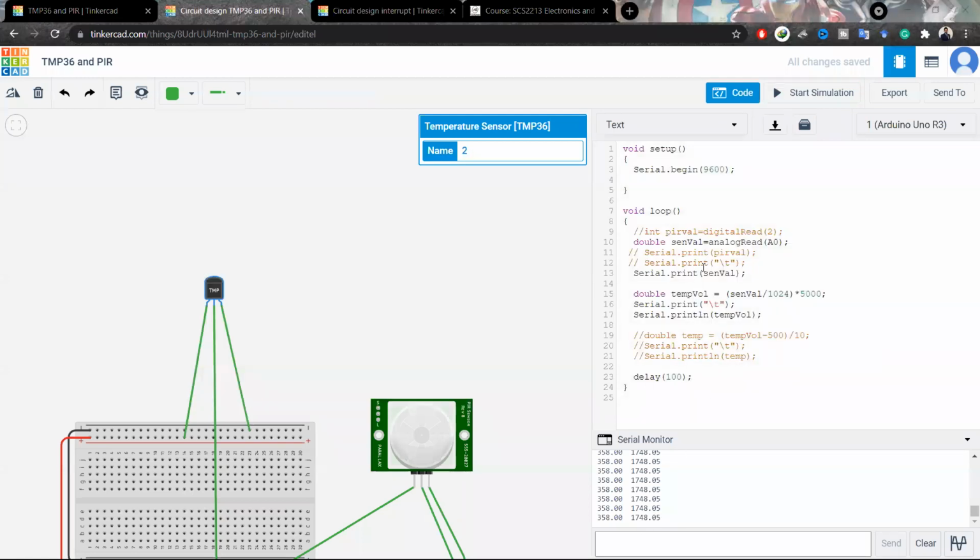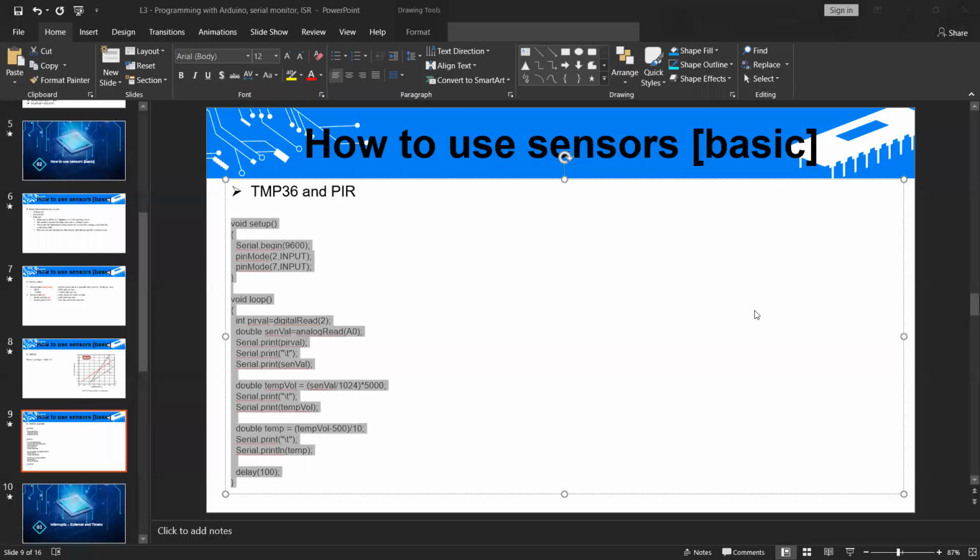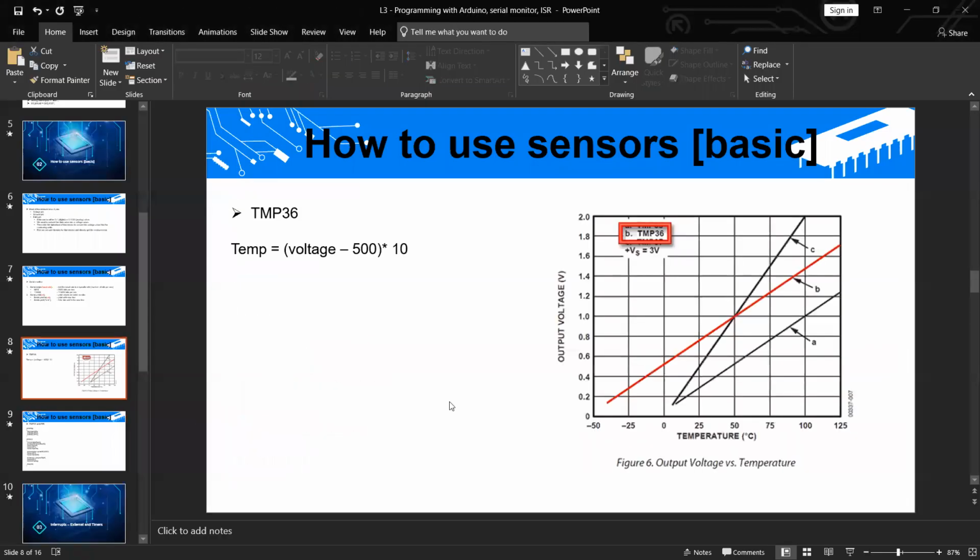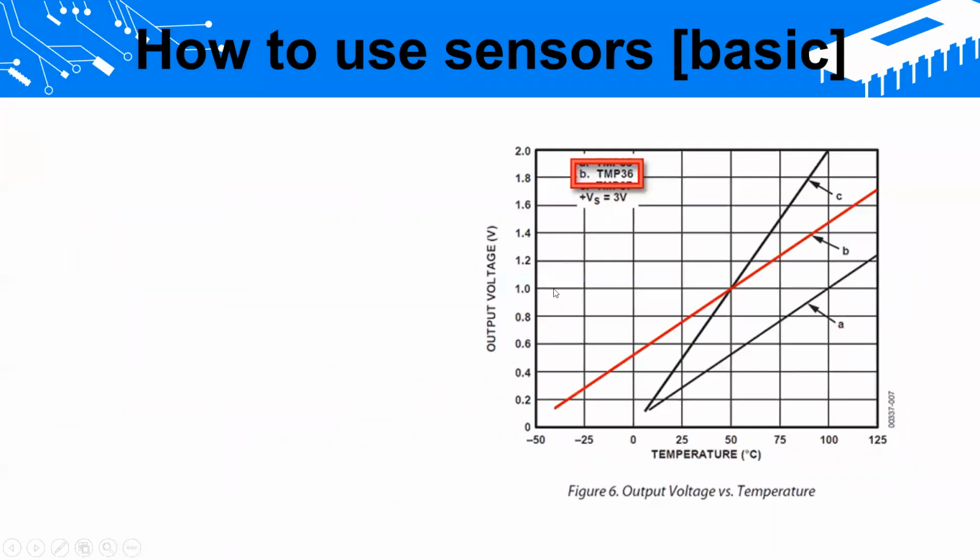Then the thing was, now we know the voltage level. First we know the sensor value, then we know our voltage value. Then we should read the data sheet. This graph is taken from the data sheet. This red colored one is for TMP36, so discard these other things and just focus on this red one.